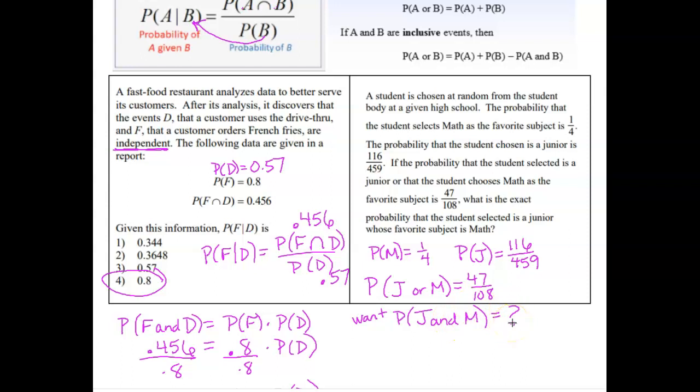Okay, so we need a formula that talks about each of these and the "or" and the "and." So there we go.